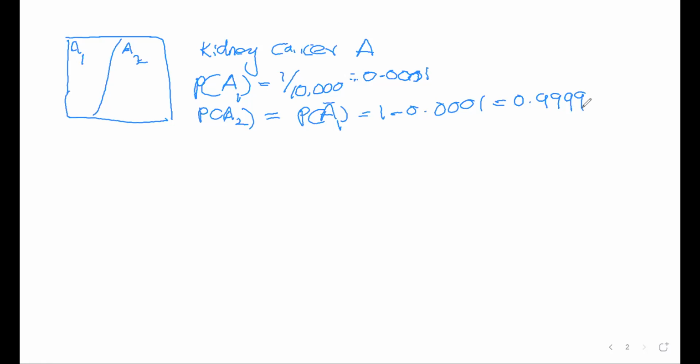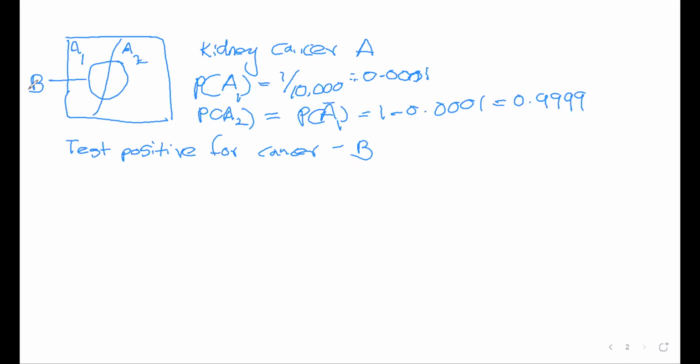Okay. Then if we consider test positive for cancer as B, the event test positive for cancer is B. The test correctly detects when a patient has cancer 90% of the time, right?